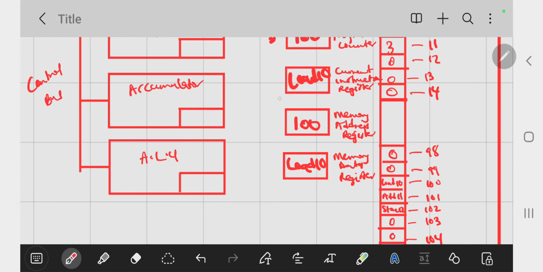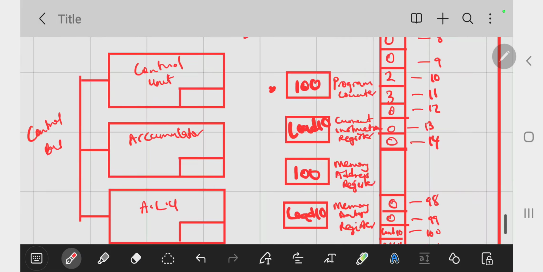So immediately it is stored in the current instruction register, you'll find that the program counter is going to be incremented by 1. So from 100 you're going to go to 101.